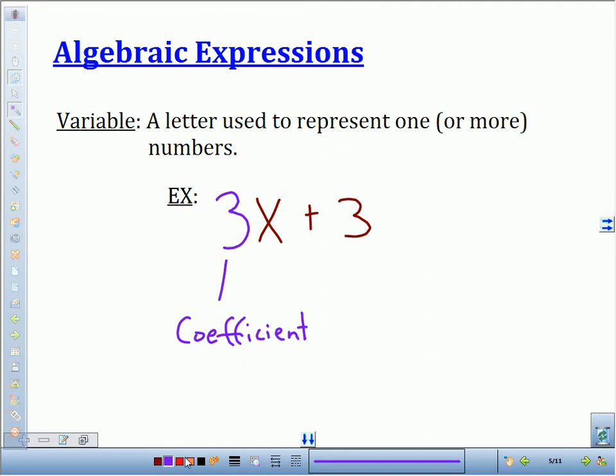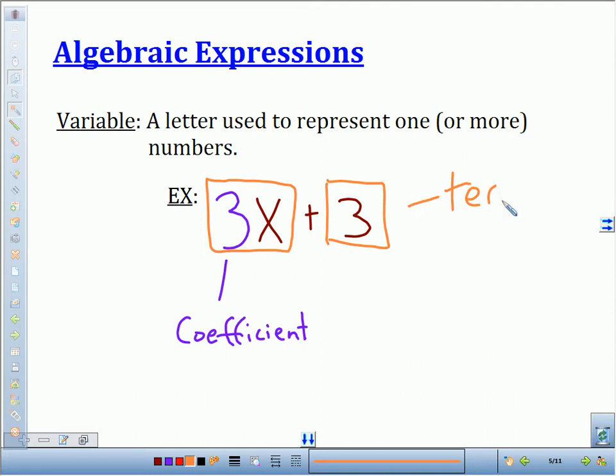There's a couple of other things I wanted to just briefly mention here. The first being that we have two different terms. Now, a term is simply one of the things that's being added or subtracted or whatever in an expression. So here I have the term 3x and I have the term 3.